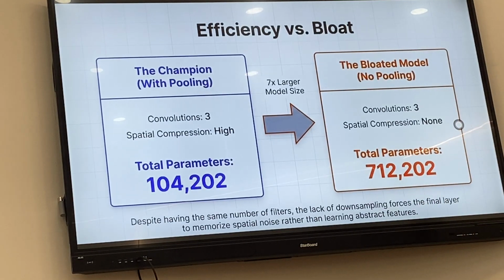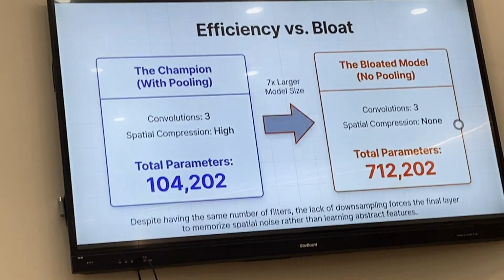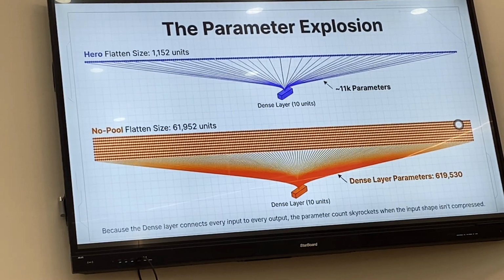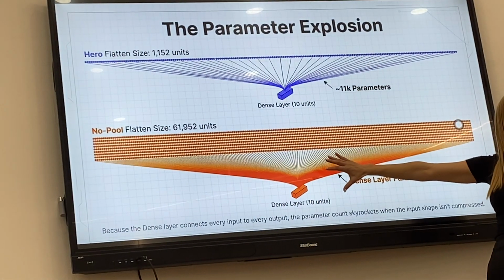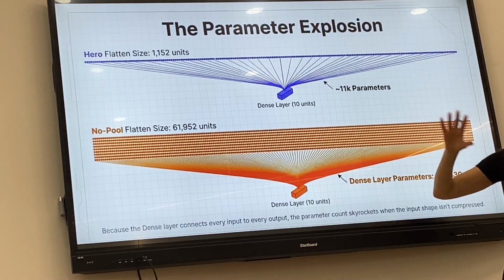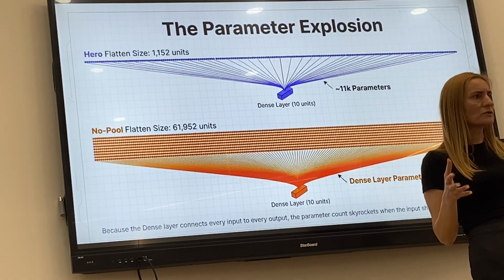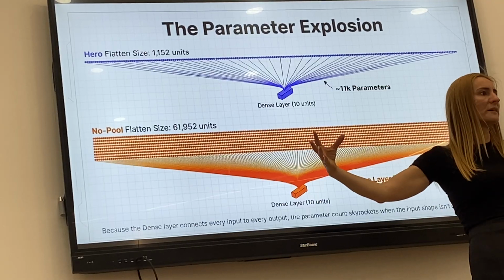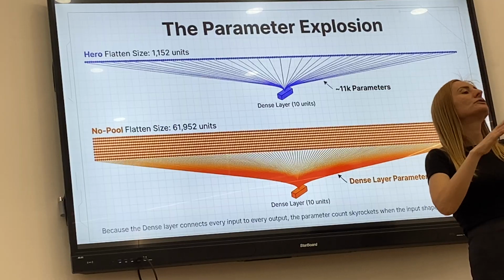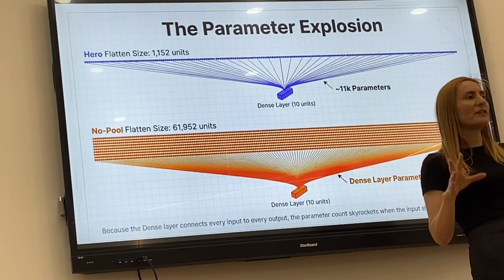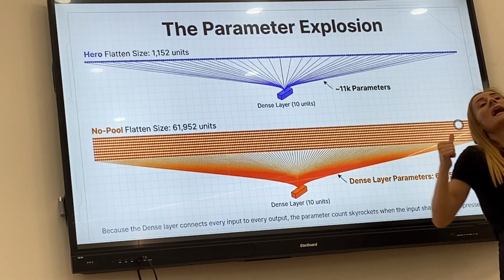Also, having 11k parameters using the max pooling, and if we don't use it, we'll end up with about 700,000 parameters. You see how big that vector will be that we want to pass through the dense layer in order to do the classification itself. And this comes with a high cost.